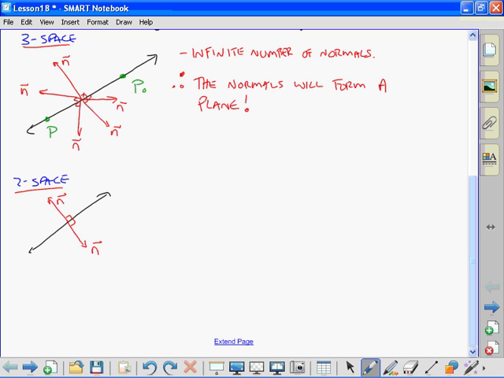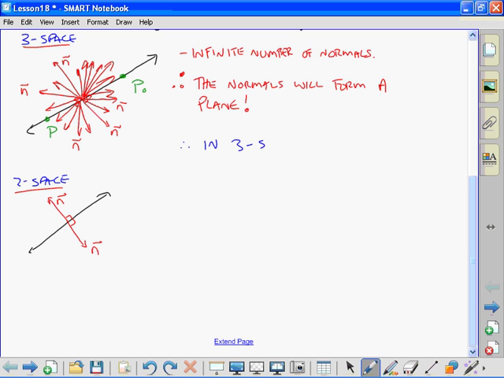Okay, so all those normals, if I keep drawing them on and keep filling in the space, you end up with maybe a circle, but it extends in all directions, and all those red arrows start forming their own plane.